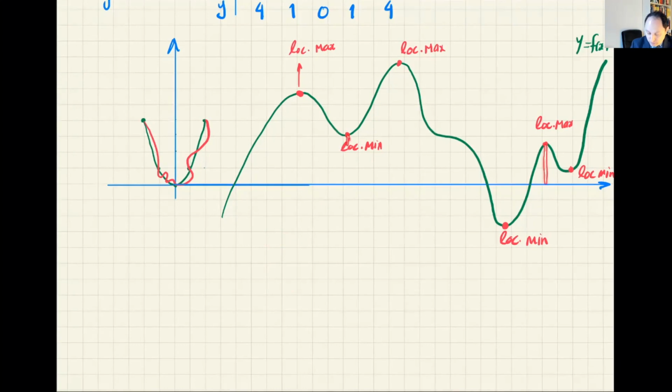The value of this local minimum, even though it is a minimum, is still higher than this one. So the local minimum value is higher than the local maximum value. This can happen for local minimum and maximum points, not for absolute maximum and minimum points, if you see the whole picture. Is that clear?